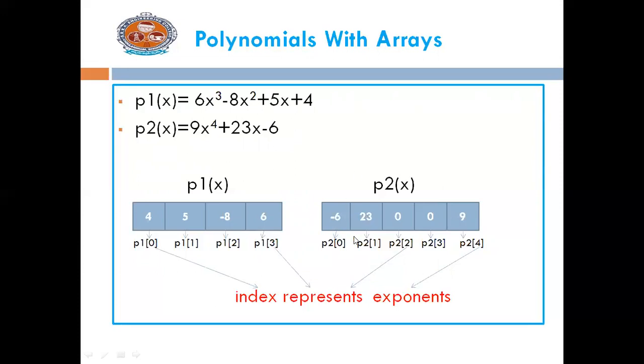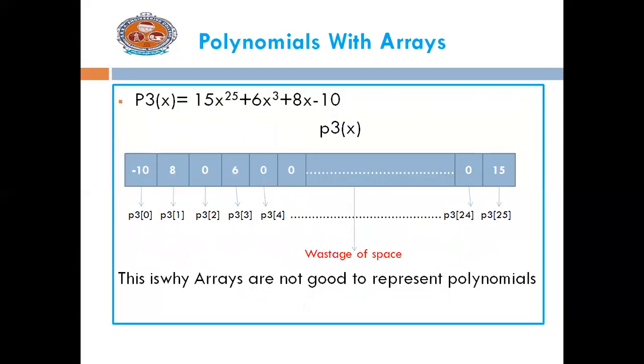In array representation, we can access the coefficients randomly. That means we can access the coefficient of any term by using the index i, where index i represents the exponent. Coming to the third example, the degree of the polynomial here is 25, so the maximum size of the array is 25.